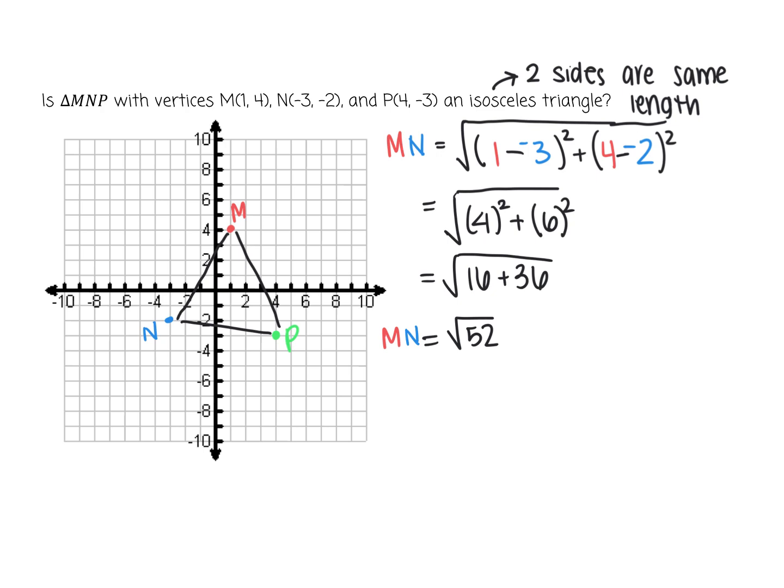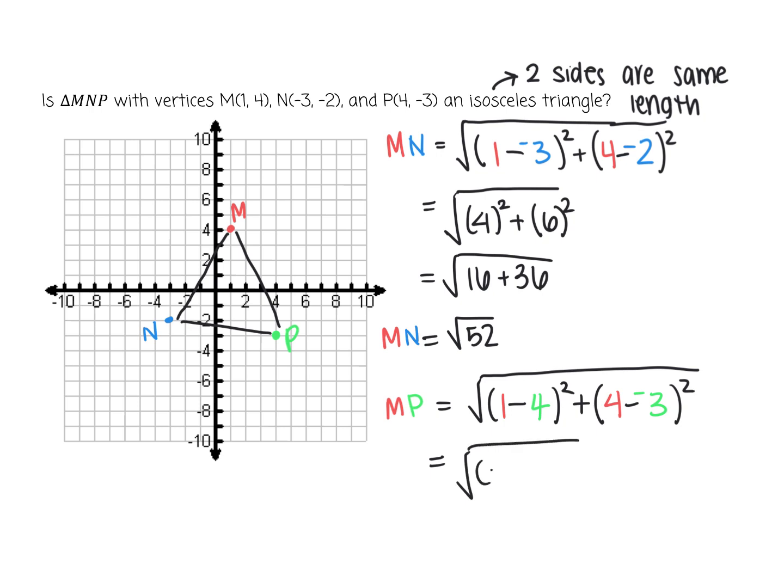Now let's go ahead and find the distance from M to P. I'm going to keep M as my x1, y1. So we're going to start with 1 minus 4 in parentheses, squared, plus 4 minus -3 squared.